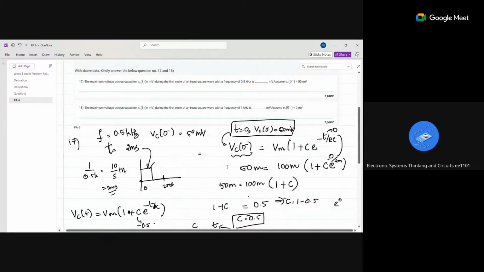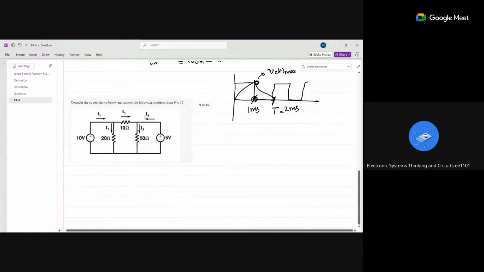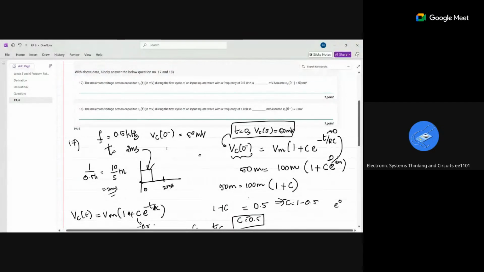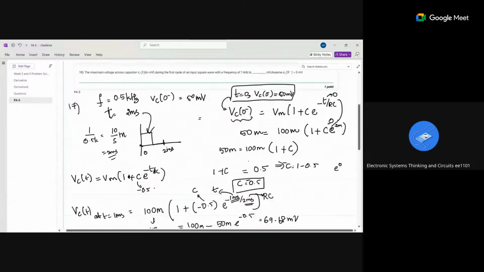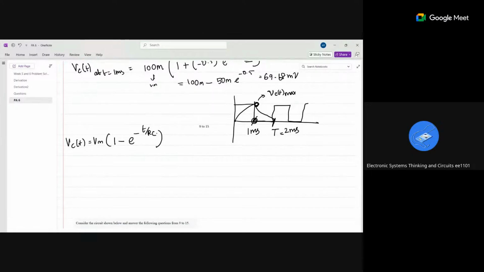So how to solve the 18th question? Here they have given, assume Vc of 0 minus is equal to 0 millivolt. So my Vc of t will be Vm times 1 minus e power minus t by RC.